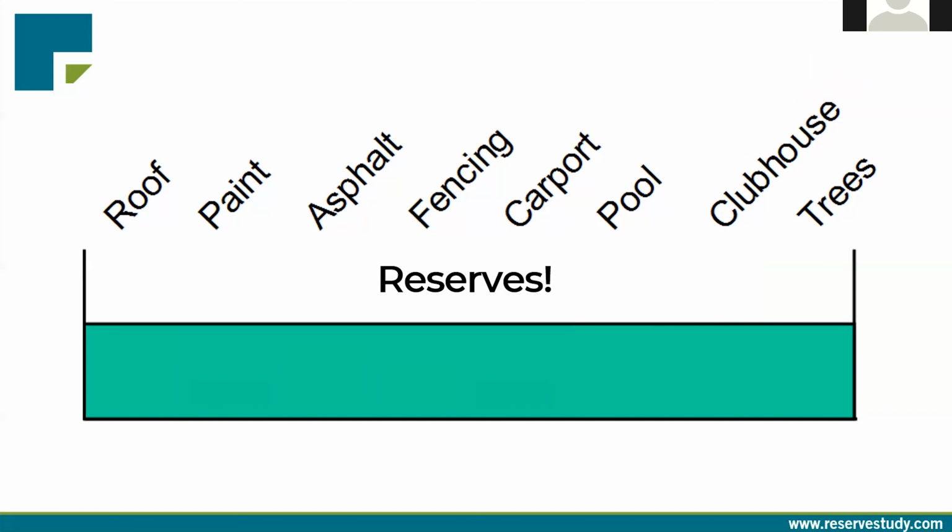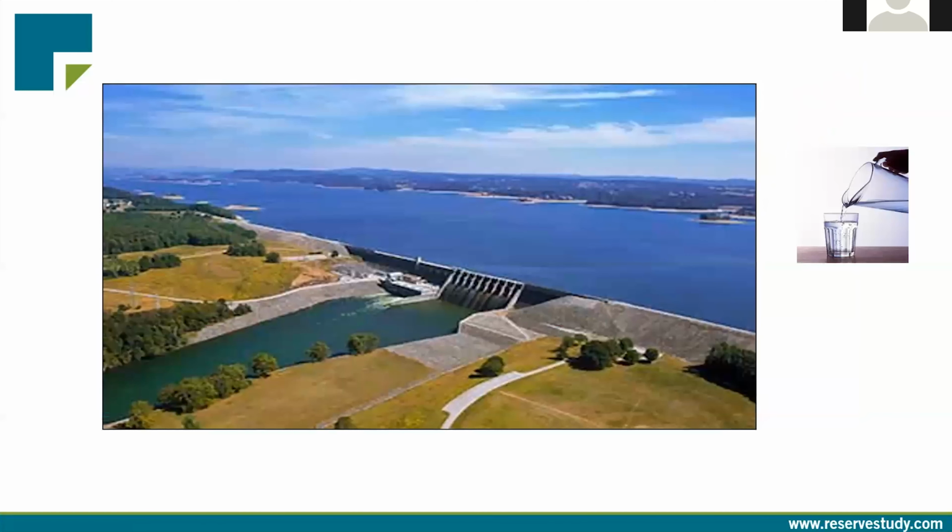The cash flow method also totally eliminates the accounting task of tracking funds in each separate account and inevitably reassigning those funds from one component to another when and if it's necessary. It's kind of like having one reservoir or pool of money. And this is why the cash flow method is sometimes referred to as the pooling method.